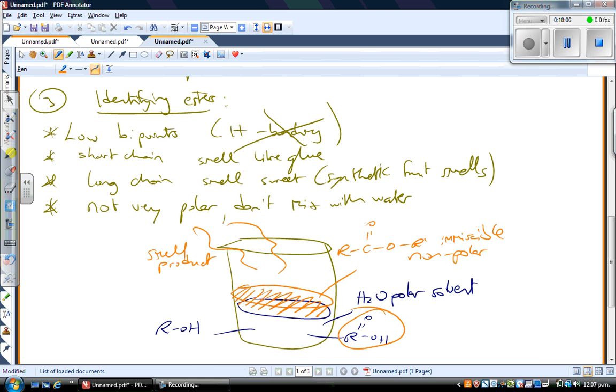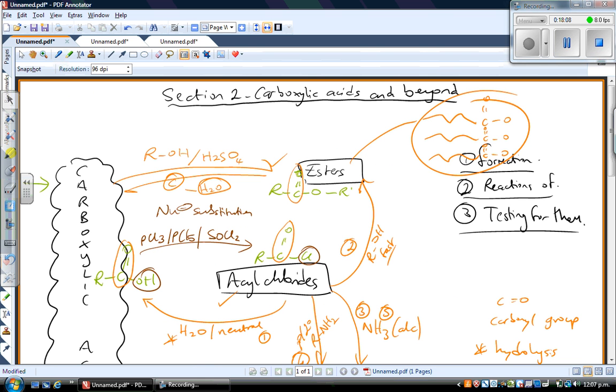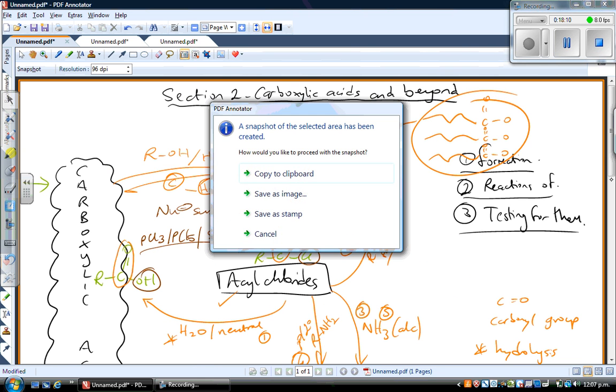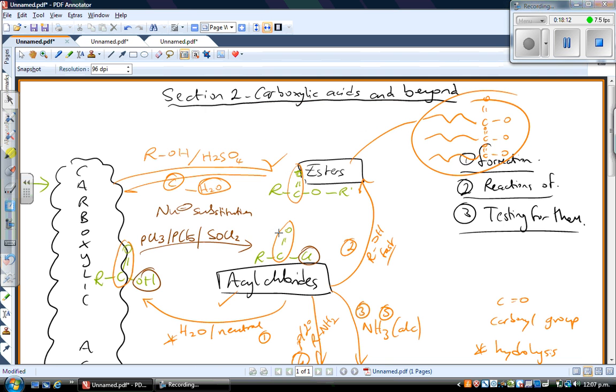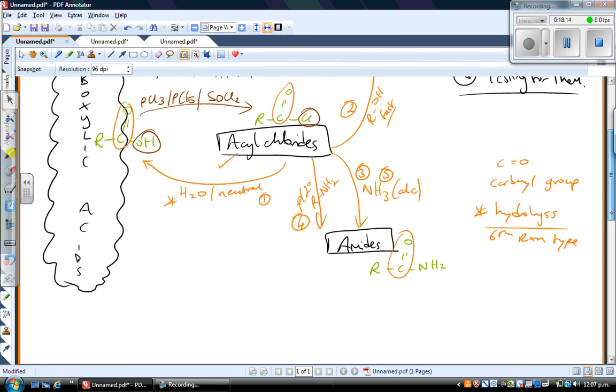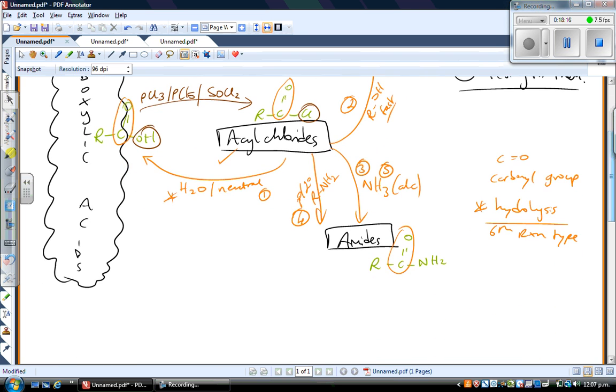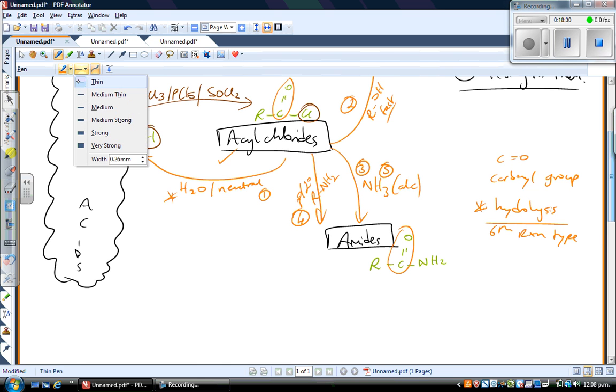Okay, so the final group then to look at were amides. And we've already talked about the formation of amides from acyl chlorides using a primary or secondary amine or using ammonia. What we want to talk about now is the formation of amides briefly from carboxylic acid.